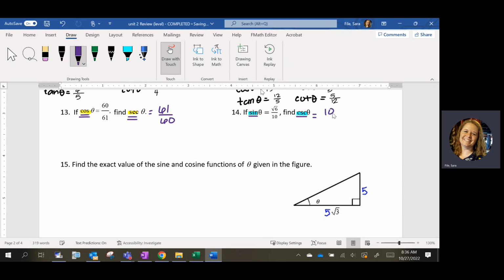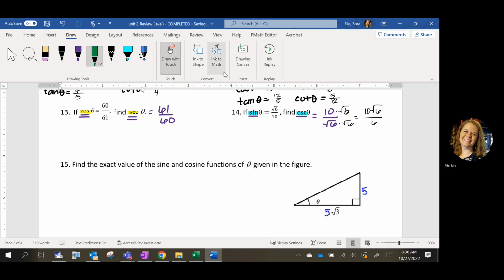Now this one does have a little extra work because when I flip it, it puts a radical in the denominator. So I have to do that rationalizing step. So I'm going to multiply by square root of 6. There we go. So in my numerator, I have 10 root 6. And in my denominator, I just have a 6.